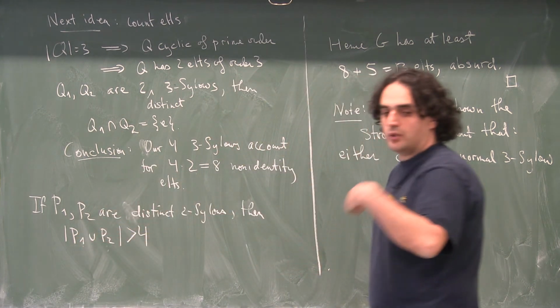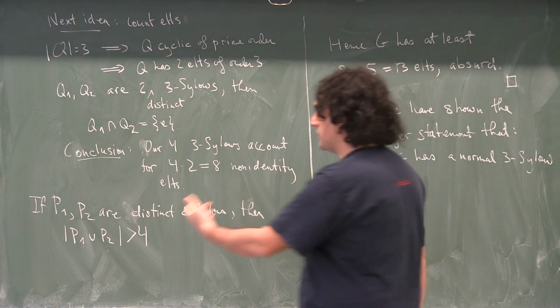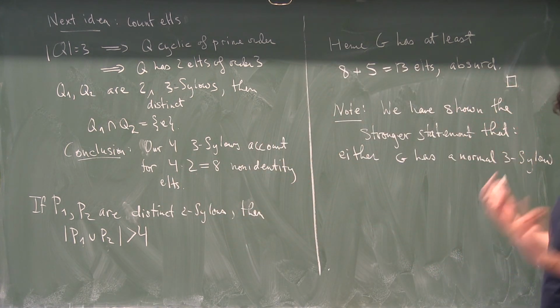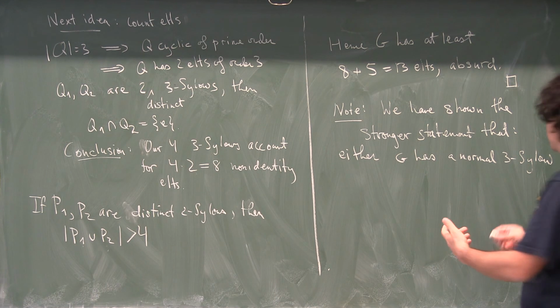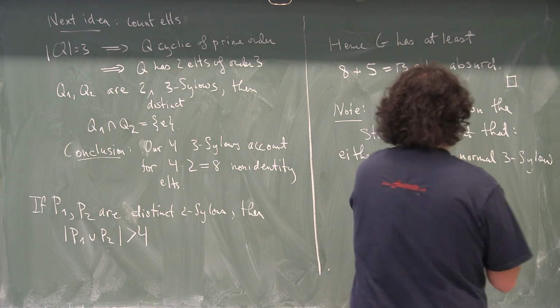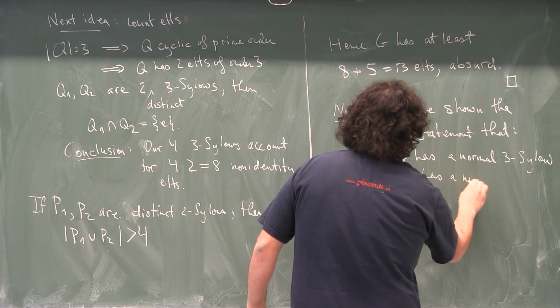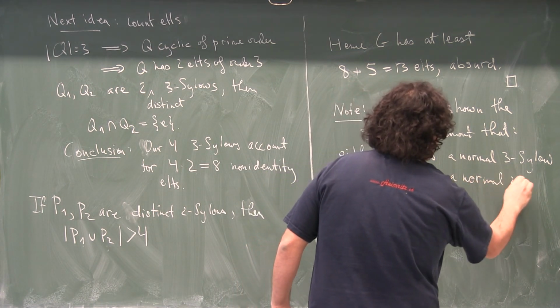It means we have to have a unique 2-Sylow P, and then by the general remark, if your p-Sylow is unique, it's normal. So either G has a normal 3-Sylow or G has a normal 2-Sylow.